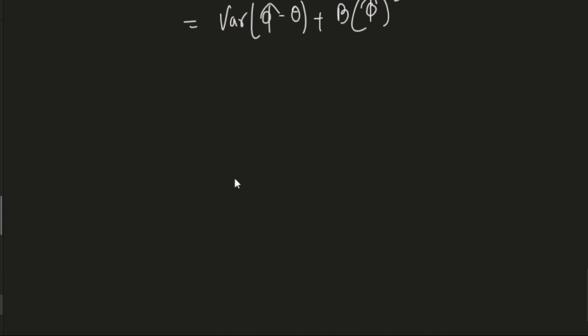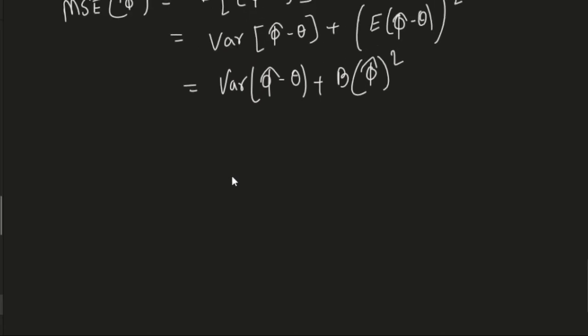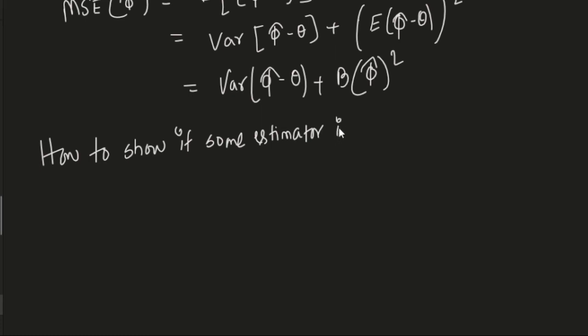Now, here comes an important property for showing something is a consistent estimator. So our topic is how to show if some estimator is consistent.